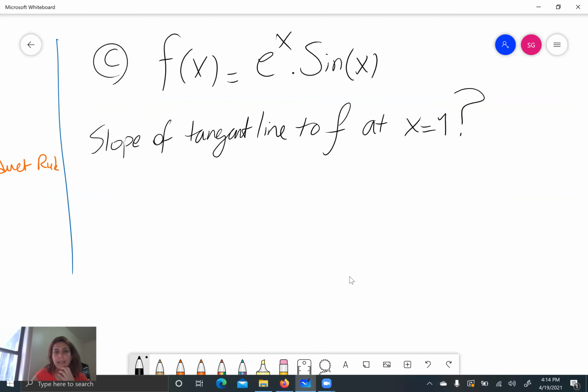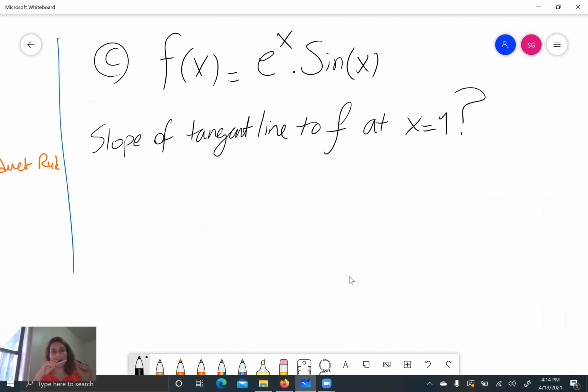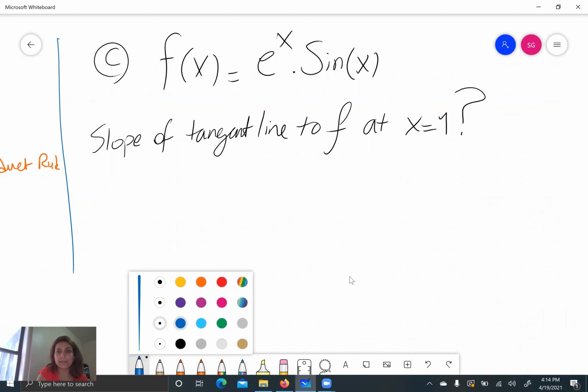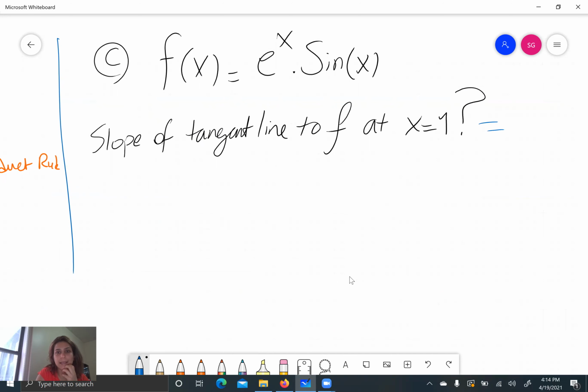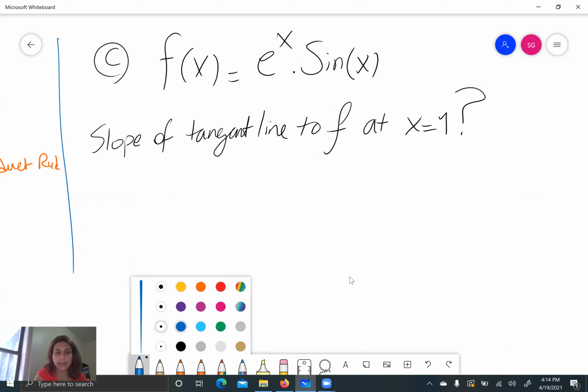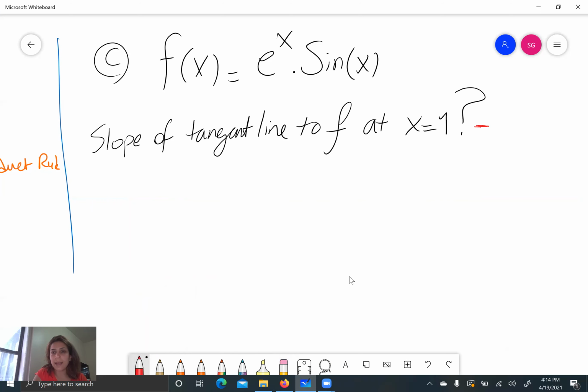So first recall that a slope of tangent line at a given point is the same as f prime, the derivative. So what the question is asking us, the slope of tangent line, is the same as f prime at 1. So we need to find f prime of 1.